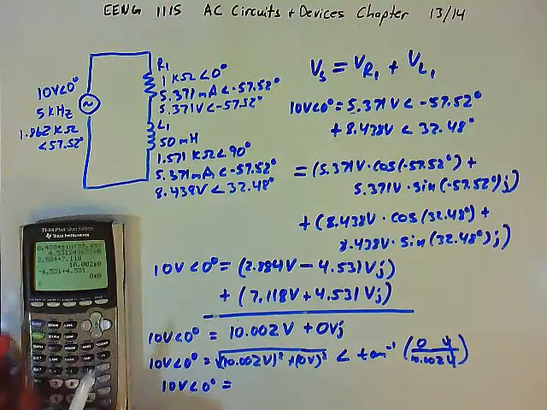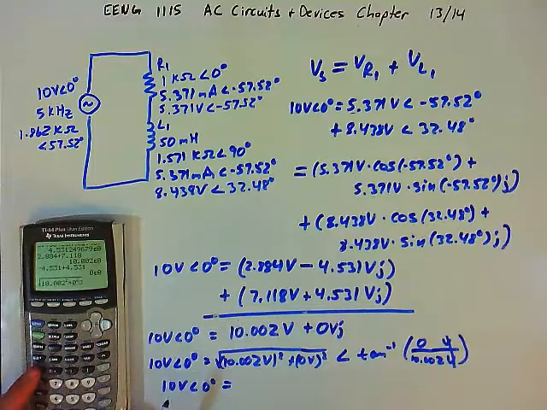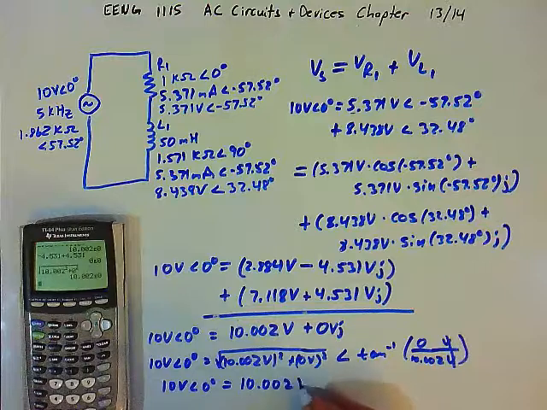So we take the square root of 10.002 squared plus 0 squared, and so we get 10.002, which is pretty close to 10. That's rounding error. Volts, that is the magnitude of the vector.